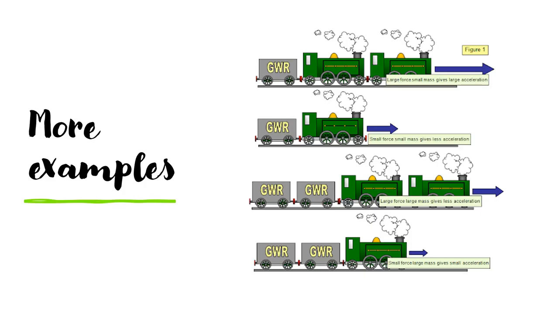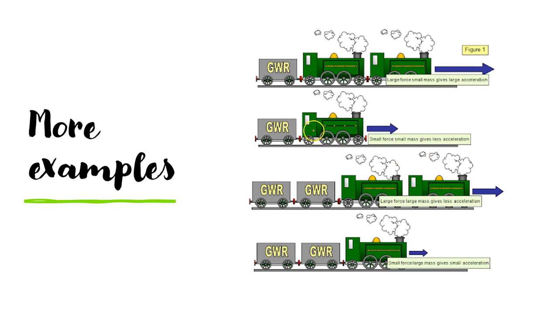So if we consider a train, if we have 2 carriages, we have a large force pulling a load. If it's only carrying a single trolley of load, then we're going to have a large acceleration. This train is going to be able to start its motion and then accelerate quite quickly while that force is being applied.